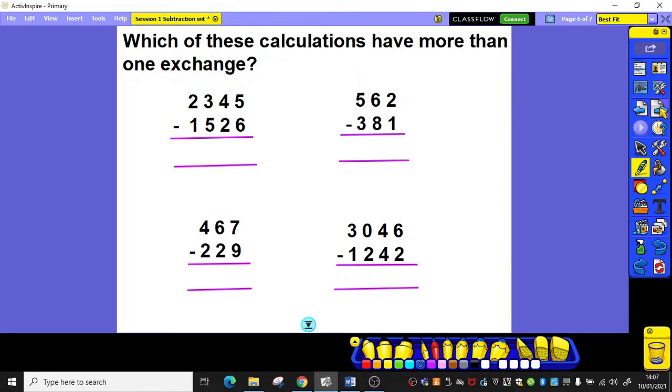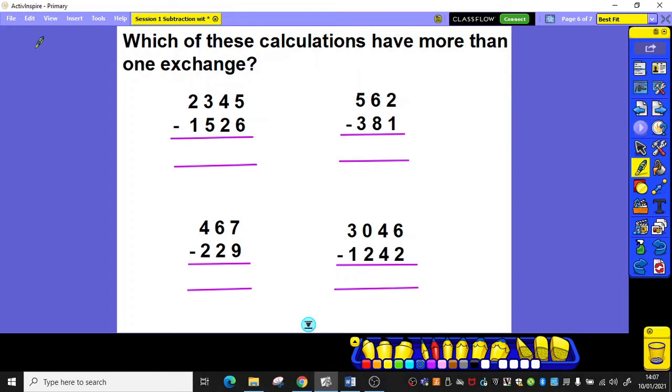So let's have a quick look at remodeling how to do one of these calculations involving some exchanging. And I'm not going to model the partitioning method, but obviously you can rewind this video up to the point where you can see the WAGOL for the partitioning if that's the method that you prefer.